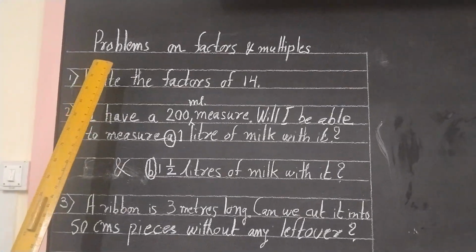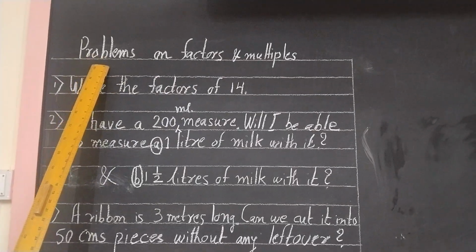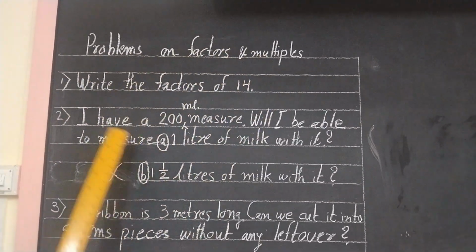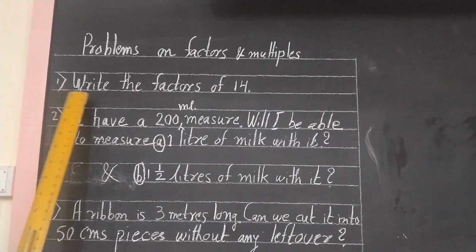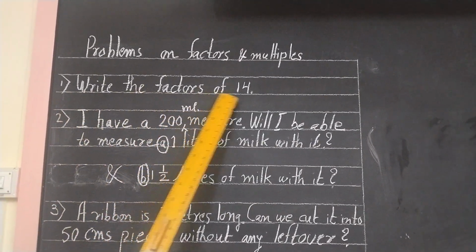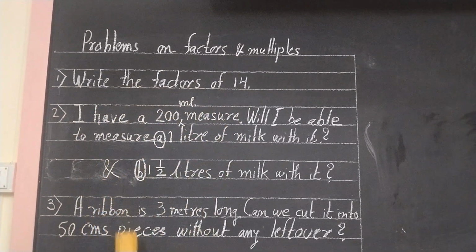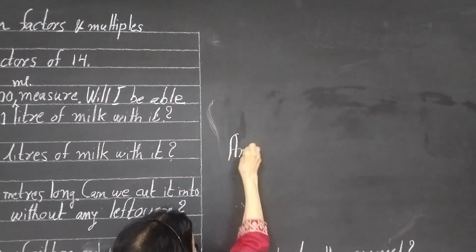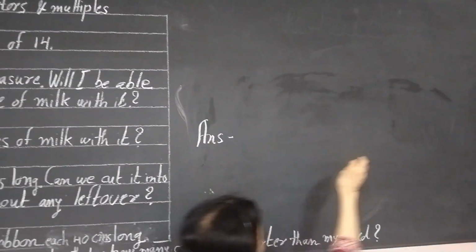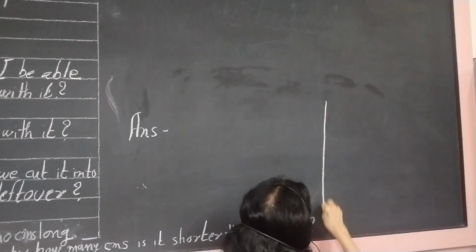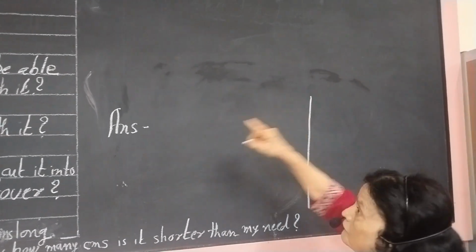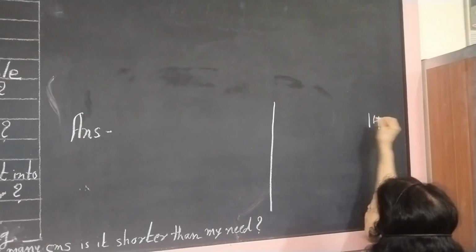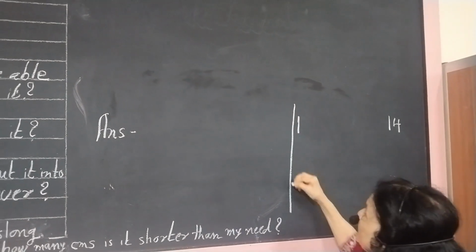Now let us solve problems on factors and multiples. The first problem: write the factors of 14. For answering it, we will have to do some rough work. The number 14 is the last number, and 1 is the first one.